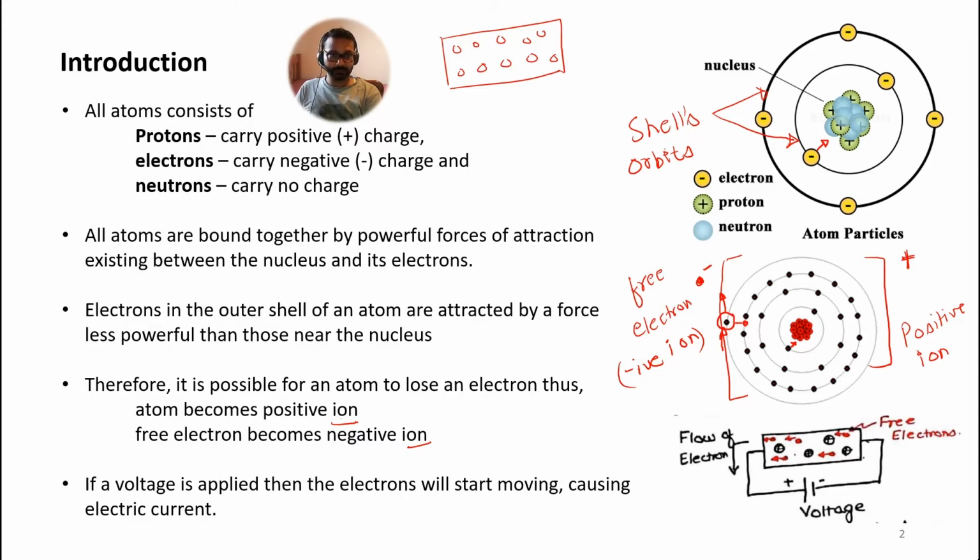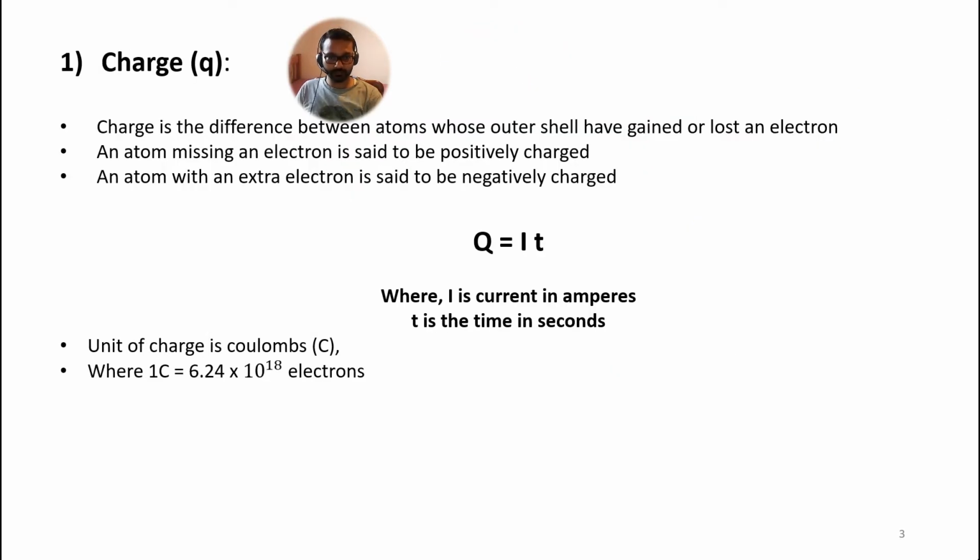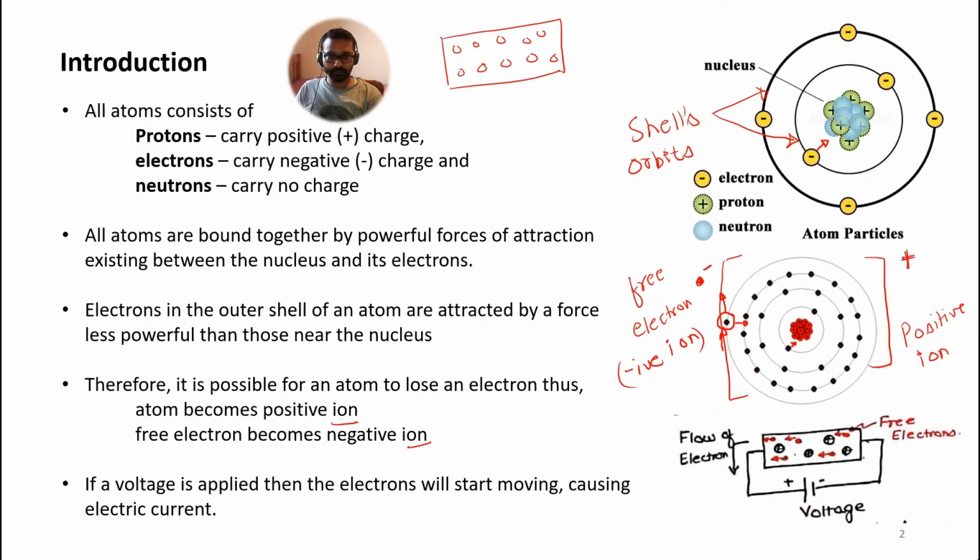So as a result, if you are knocking out one electron from each of these atoms, you would have quite a lot of electrons in this material, right?